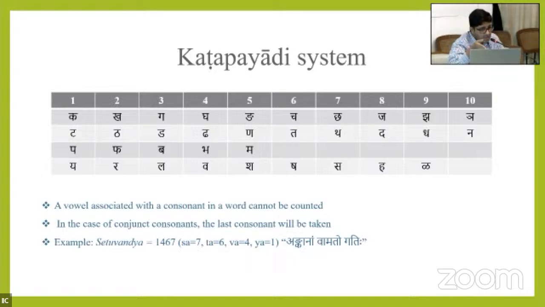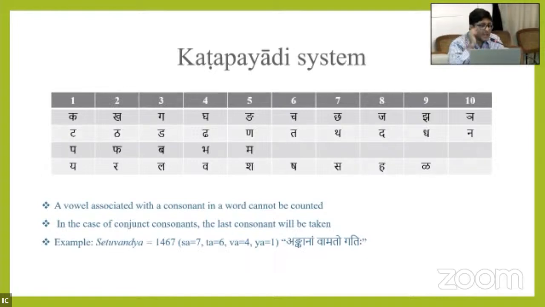And from Ka to Ya, they represent 1 to 10. Similarly, from Ta to Na, the dental Na, they represent 1 to 10. And then Pa to Ma, this Pa Varga, they represent 1 to 5. And lastly, Ya to Ha, they represent 1 to 8, and this cerebral Ra represents 9.